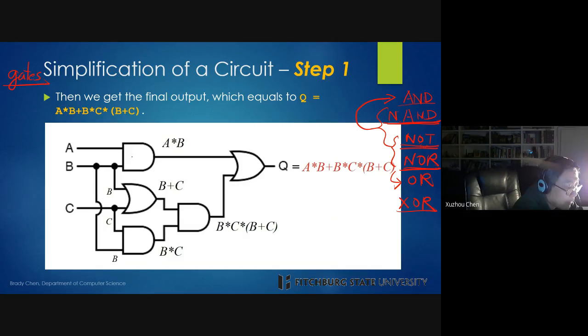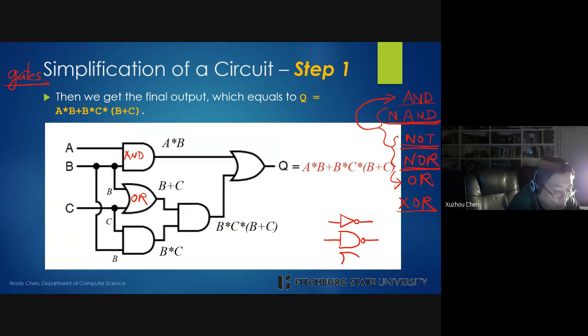The AND gate can be described like this. This is the AND gate. This is the OR gate. So the NOT gate can be drawn like this. And the NAND gate is basically the same as the AND gate, but we put a small circle at the top.